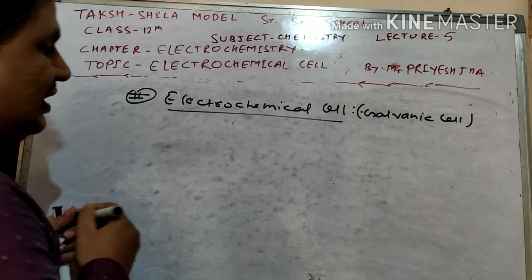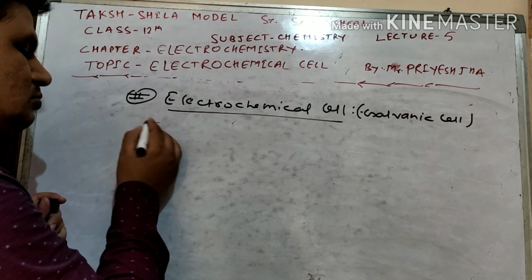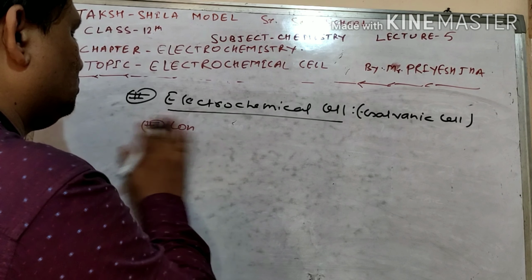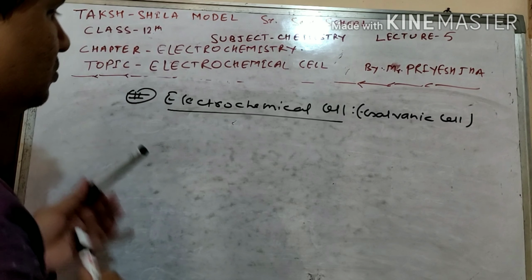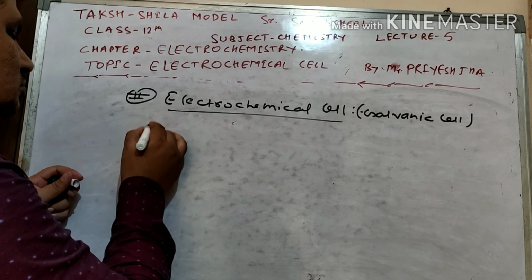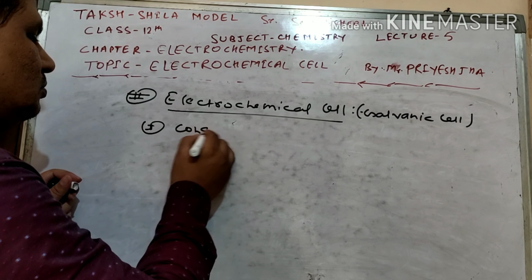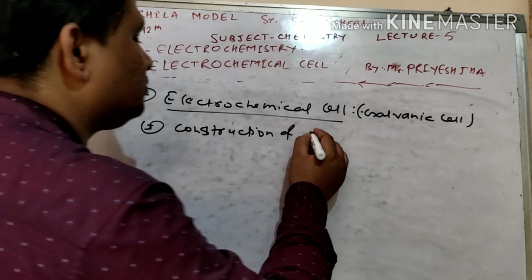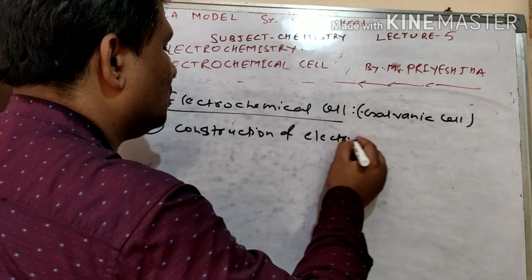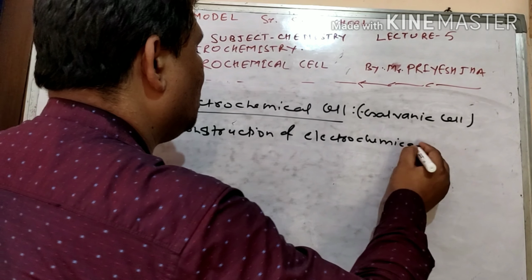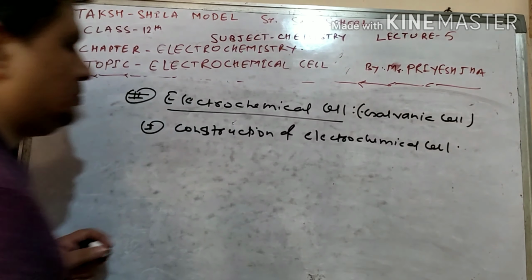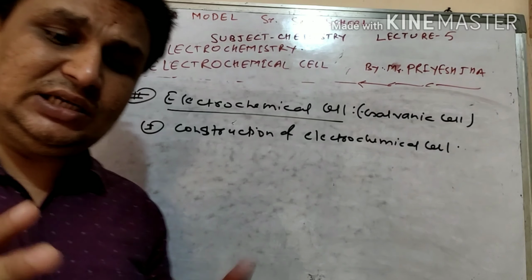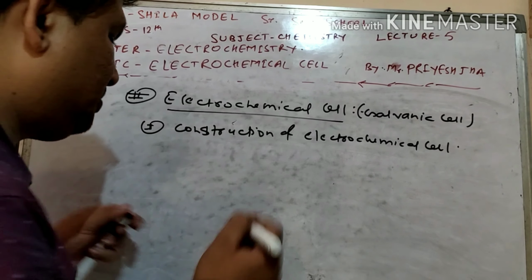And construction of electrochemical cell. In an electrochemical cell, generally two containers are present.